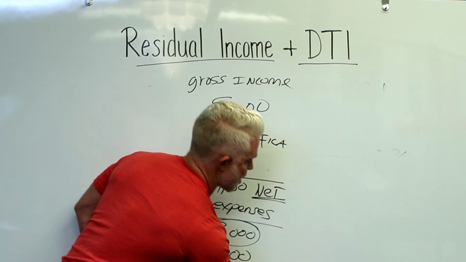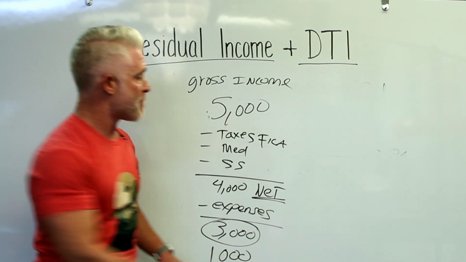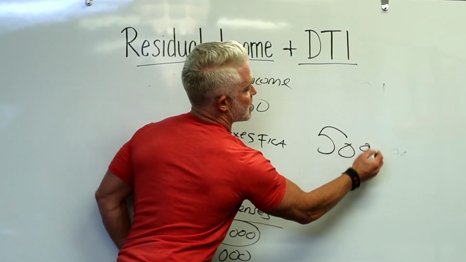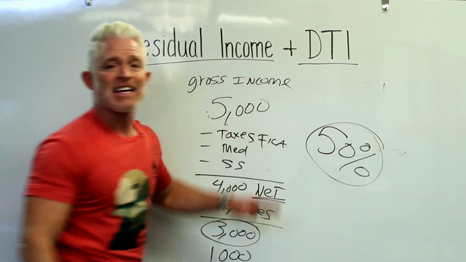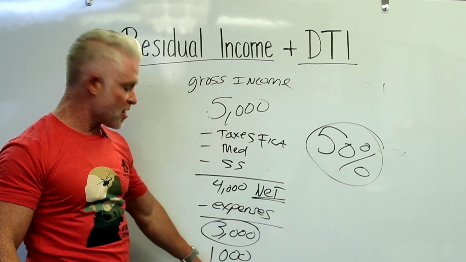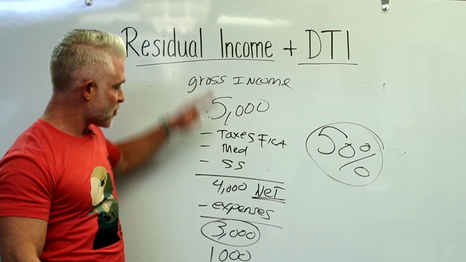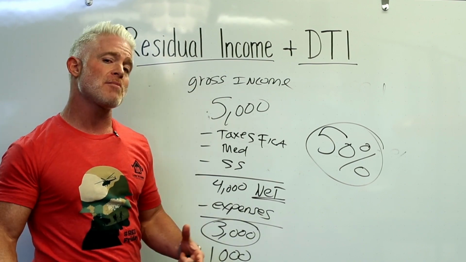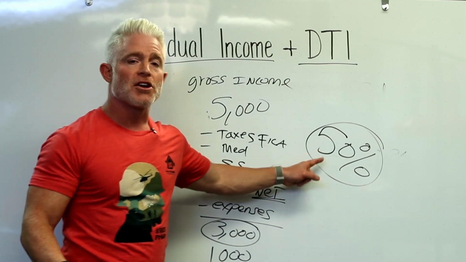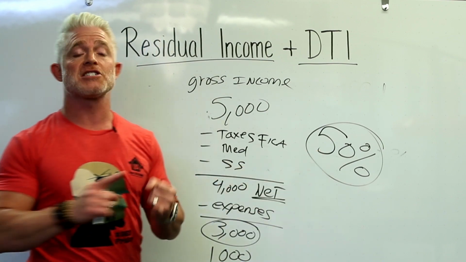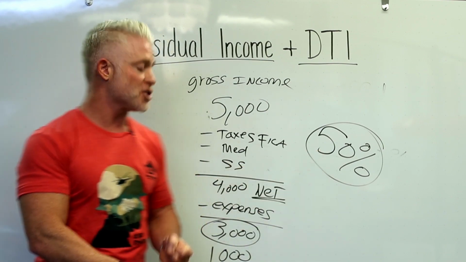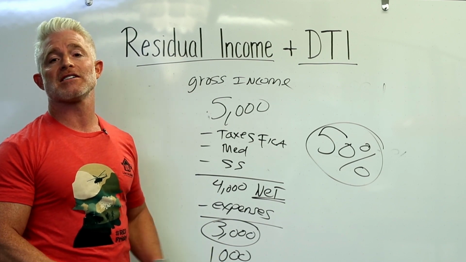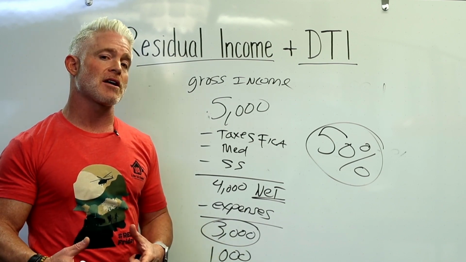This means, back to the person that had a 50% debt to income ratio, even though that's high, if you can show a lender that after everything's said and done, you've got $2,000 more in residual income than the VA requires, you're likely going to be able to afford the house and still be comfortable and not over purchase due to the fact that you've got such high residual income.